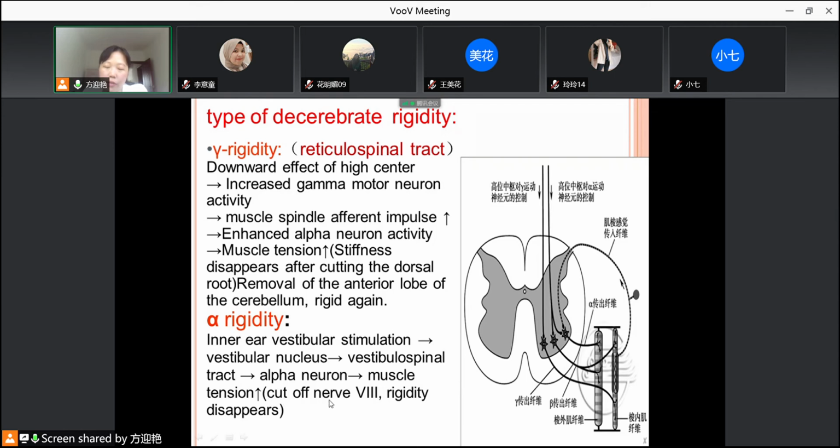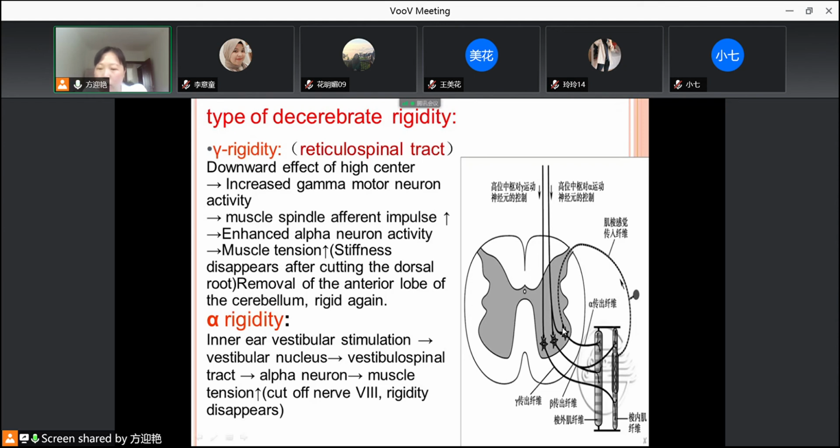If the nerve is cut, the alpha or gamma can also be controlled.